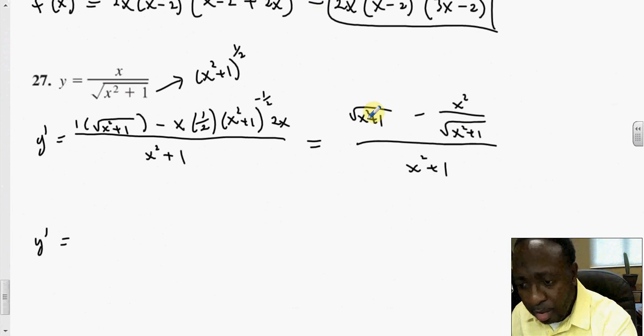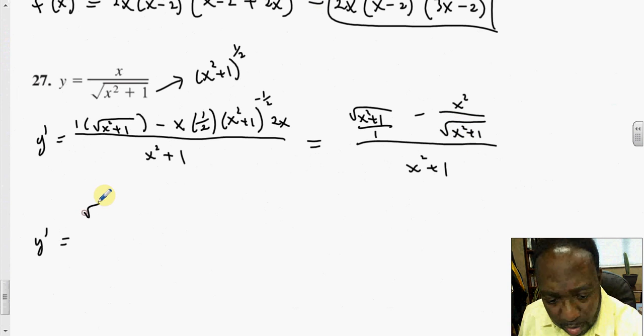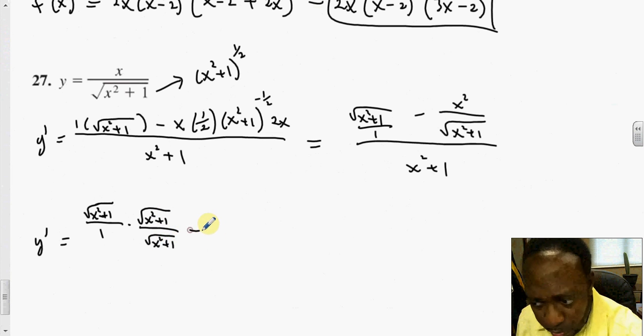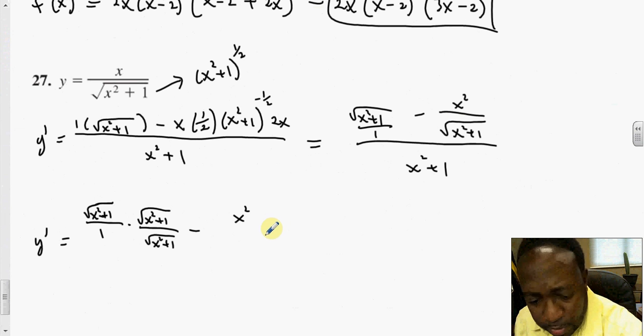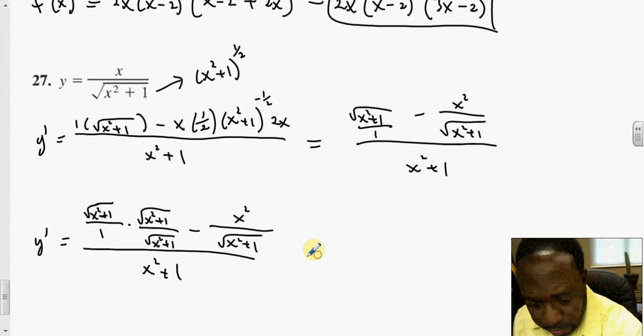So we find the least common denominator, which is the square root of x squared plus 1. So we have the square root of x squared plus 1 all over 1 times the square root of x squared plus 1 divided by the square root of x squared plus 1, minus x squared over the square root of x squared plus 1. And this is all over x squared plus 1.